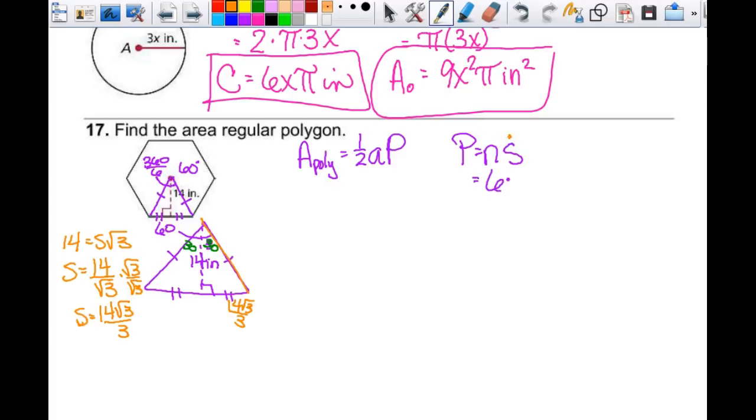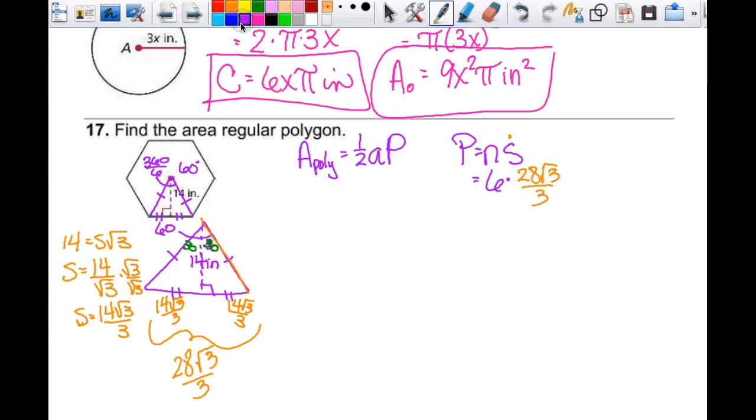This stands for side length, that stands for short leg. So remember, you draw out the whole triangle, because what you really need is this whole thing. If this is 14 square root of 3 over 3, this is 14 square root of 3 over 3, which means the whole thing is 28 square root of 3 over 3.